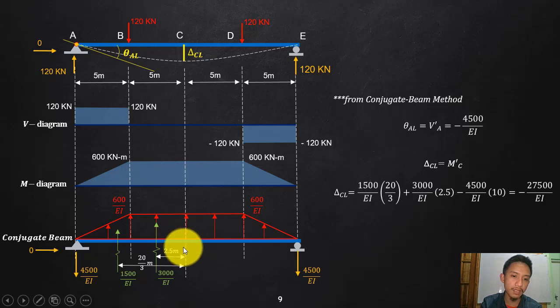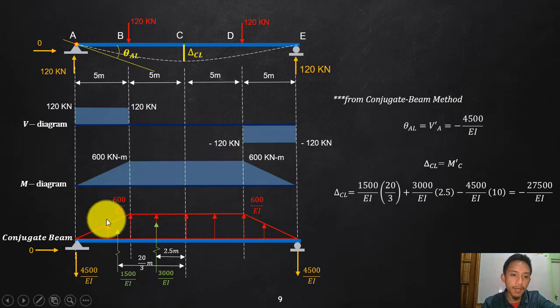I will cut this one, isn't it? Cut the beam. Consider the left or the right, but since we are moving to the right, I will consider this left side, the first part of the beam, so that my assumption will still be the same. Clockwise is positive, okay? But if you will consider this other side, because there will be some cases wherein the loading here is simpler, so you will be having a simpler solution, but you need to change your assumption.